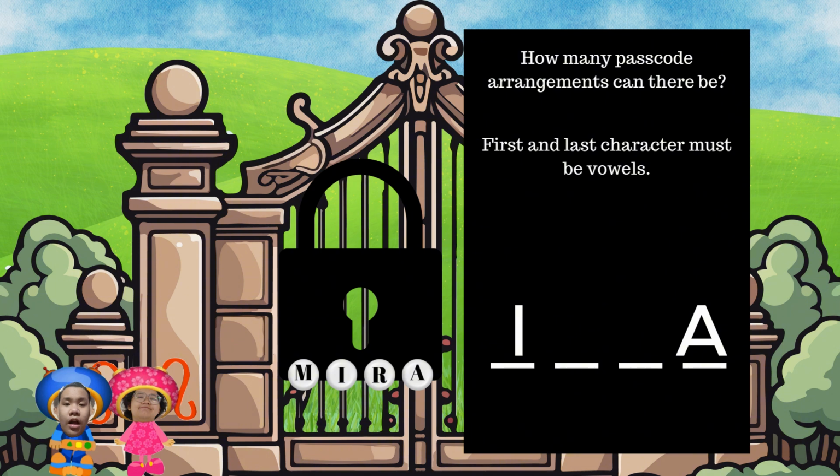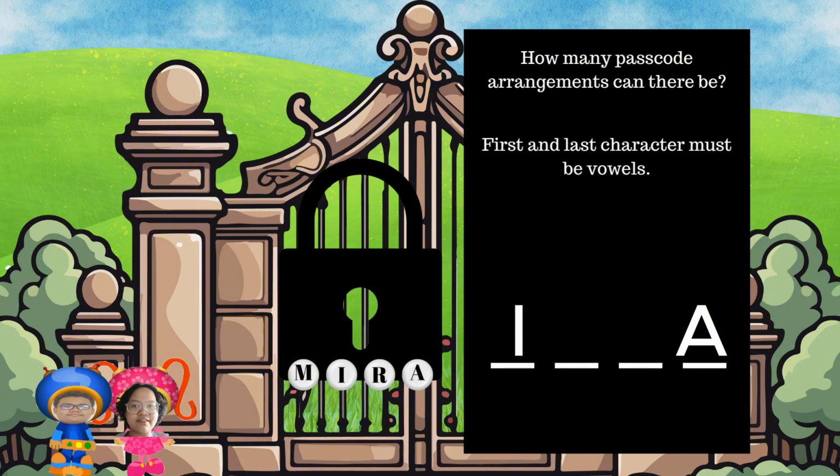But here we have restrictions. Only vowels can go to the last and first positions. You're right! So instead of using the formula for all four buttons at once, we handle the restricted positions separately and apply the idea step by step.